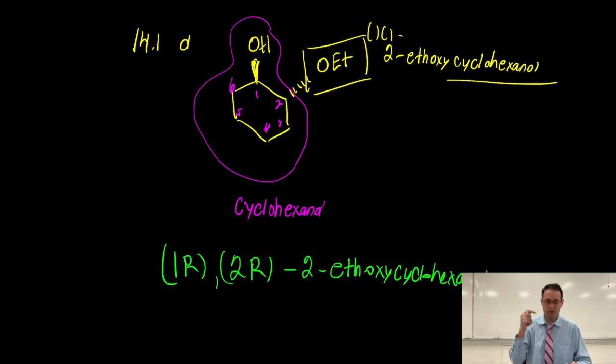And I'm just kind of doing this in my head, looking at the priority substituents. Okay, so the first one's R, and the second one's R as well. That's what I got, okay, when I look at it in 3D.